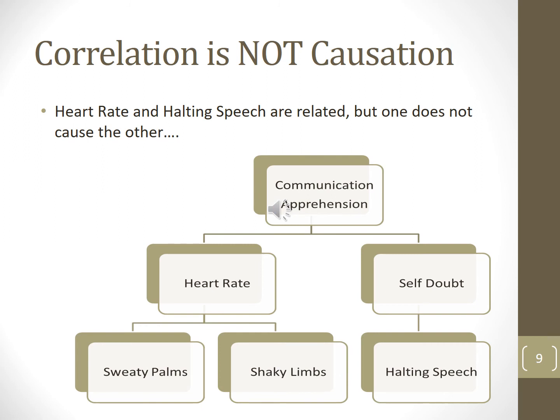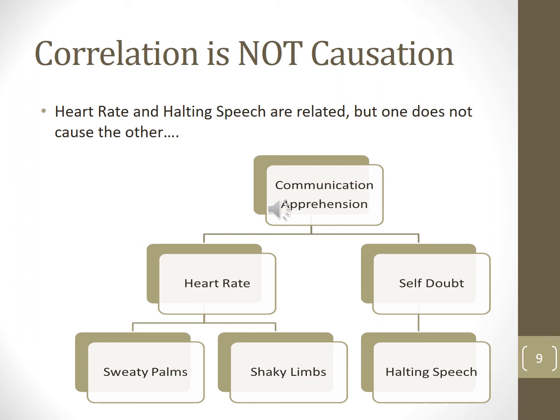So here's an extended example of why correlation is not causation. If we look back at communication apprehension, we can see two different ways that communication apprehension could affect what's going on in the body. The first thing it does is influence the fight or flight response.